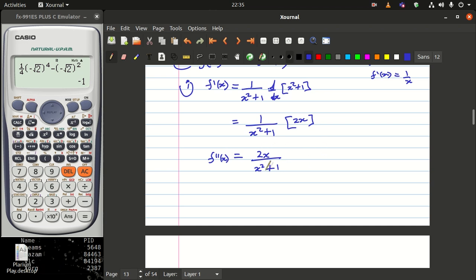If you look carefully, you can realize that it is the same as 2x times x squared plus 1 raised to minus 1. This minus here is just telling us that this was in the denominator. Note, this was the first derivative, not the second.